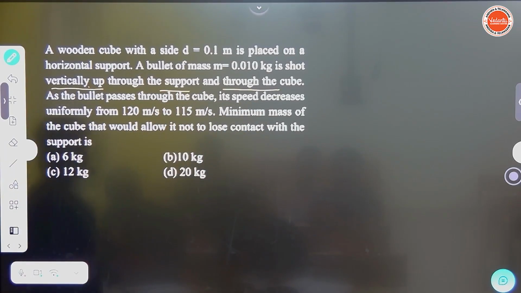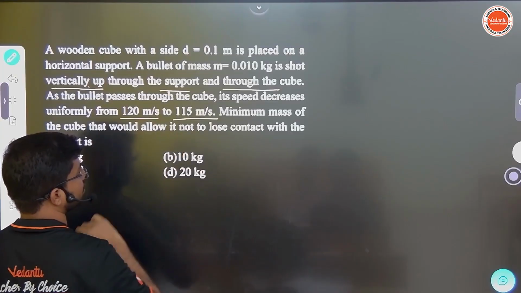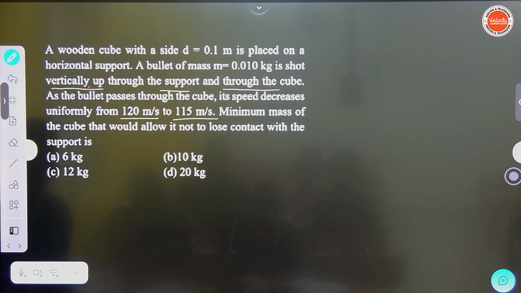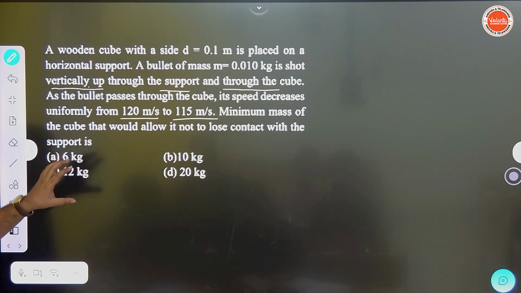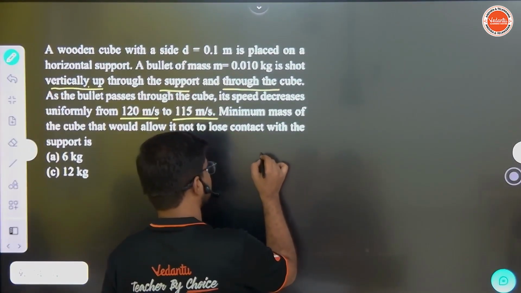As the bullet passes through the cube, its speed decreases uniformly from 120 meter per second to 115 meter per second. So what is the minimum mass of the cube that would not allow it to lose contact with the support?